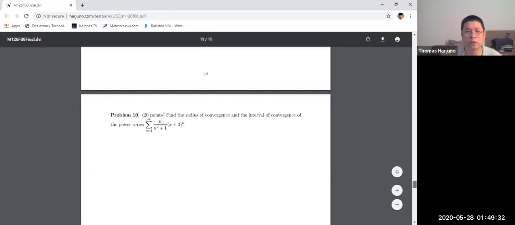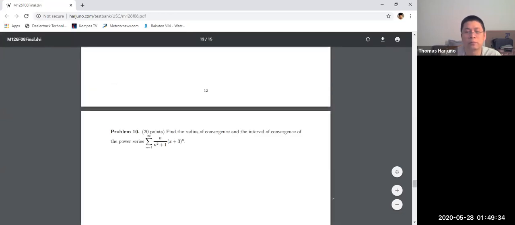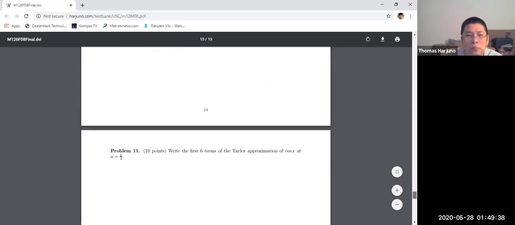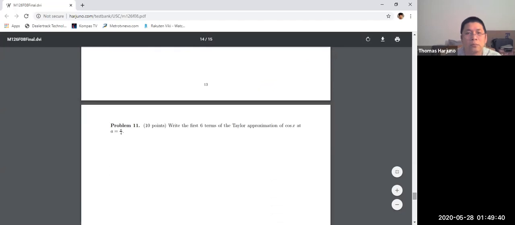Let's go on further. Find the first 6 terms of the Taylor approximation of cosine x at pi over 4.